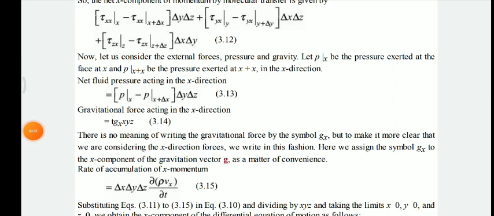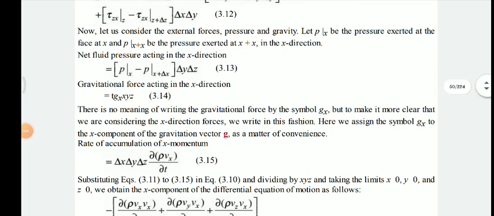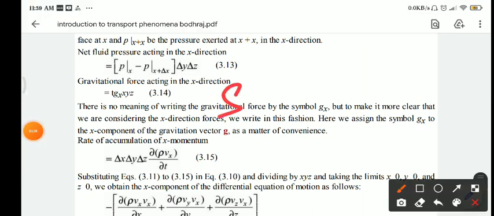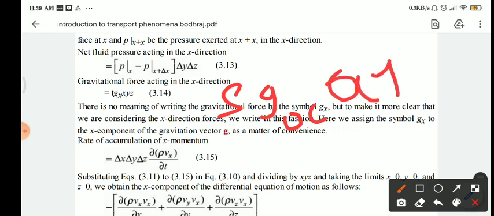ઓકે, નાવ અને બીજું છે ગ્રેવિટેશનલ ફોર્સીસ. તો એ શું થશે? rho gx અને xyz, x ડાયરેક્શનની અંદર rho gx at x, y and z.